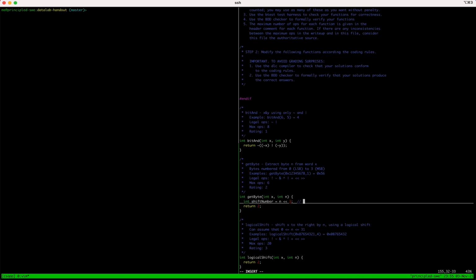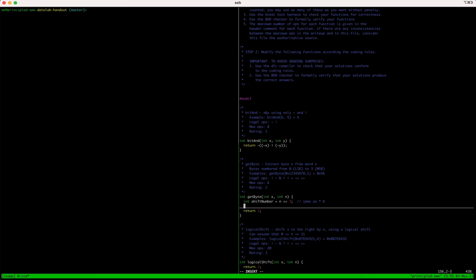This is basically the same as times 8. And then now we can generate the mask, which is 0xFF to the left side of shift number.